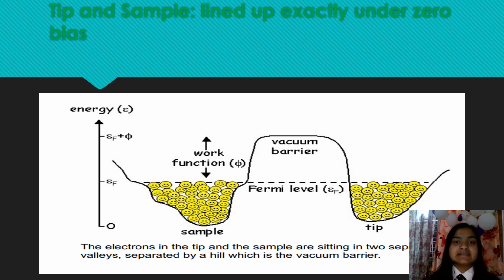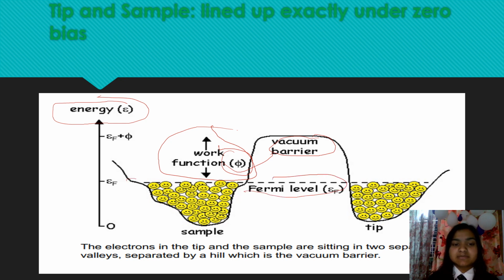Now, tip and sample lined up exactly under zero bias. This is energy denoted by epsilon. This is the work function, which I already told you is denoted by phi. This is the vacuum barrier. This imaginary line is called the Fermi level. This is the tip. This is the sample.